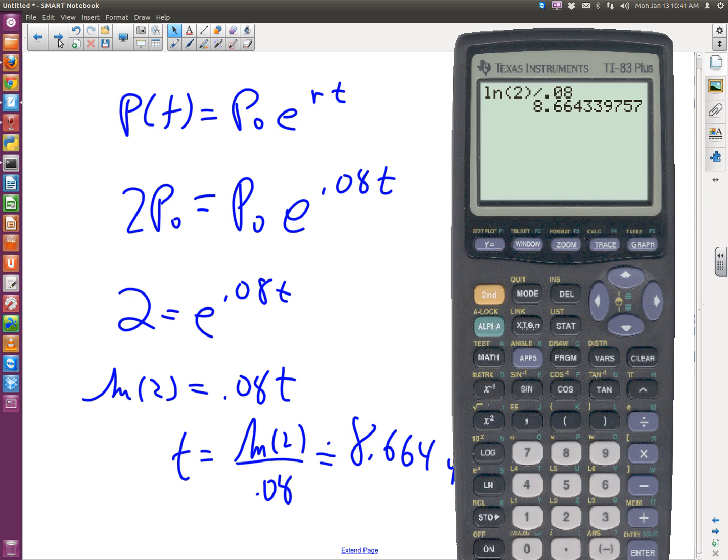But 10 more years I end up with half of that. So I start with 1,000 today. 10 years, 500. 20 years from today, 250. 30 years from today, 125. 40 years from today, 62.5, and so forth.